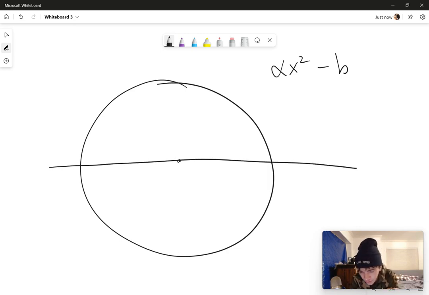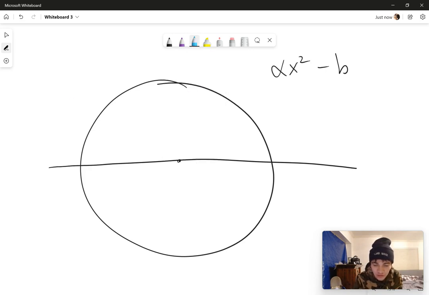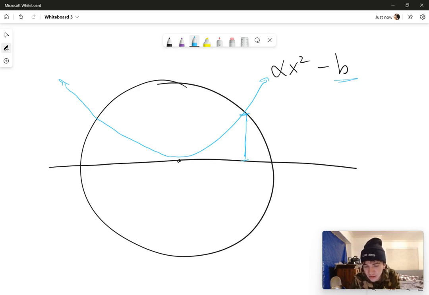And now I'm going to start increasing alpha. When I start increasing alpha, what's going to happen is the parabola is going to get lifted upwards. And all of a sudden, I'm going to get these points of intersection with the circle that are non-trivial. So what I'm going to do is set this b such that it shifts the parabola down in precisely a way that the points of intersection are equal to this vertical shift b.